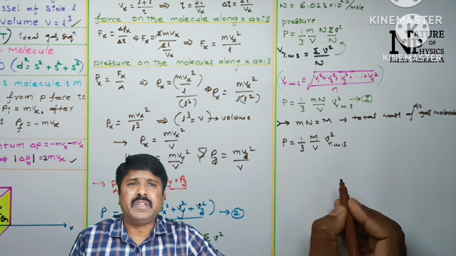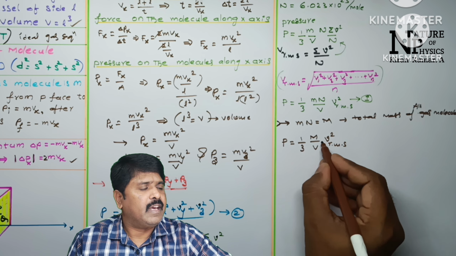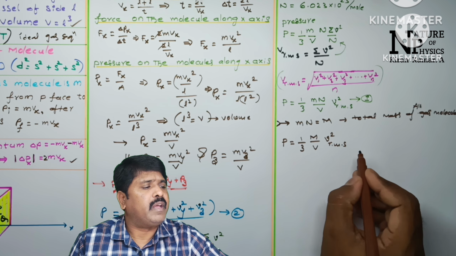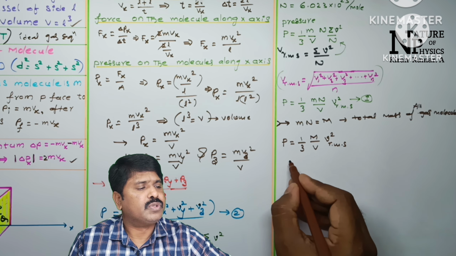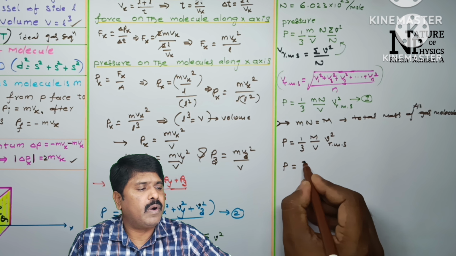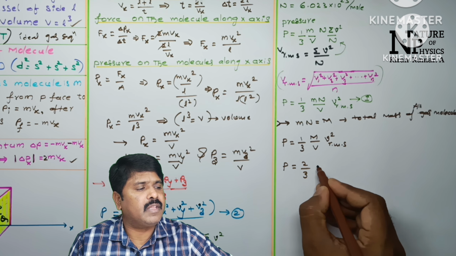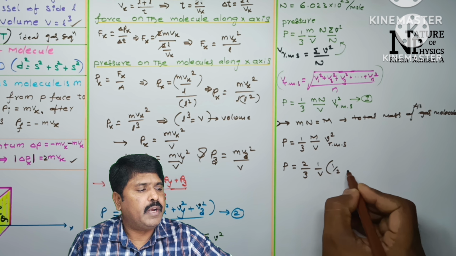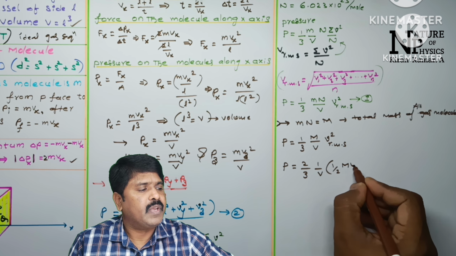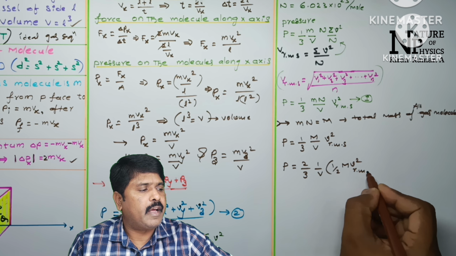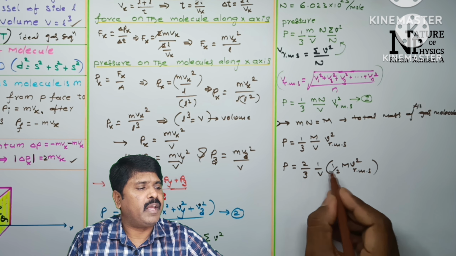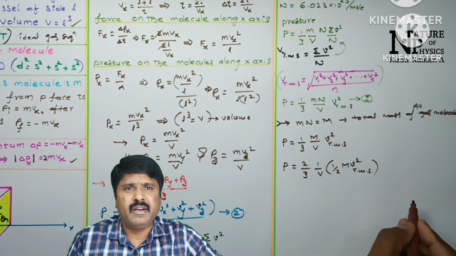Okay, and one thing we have to notice there, mv square is there, so we can write the kinetic energy. That's why 2 is multiplying and dividing, student. So P is equal to 2 divided by 3, 1 by V into 1 by 2 capital M V square RMS. See there, we are getting kinetic energy by multiplying 2 and dividing 2.